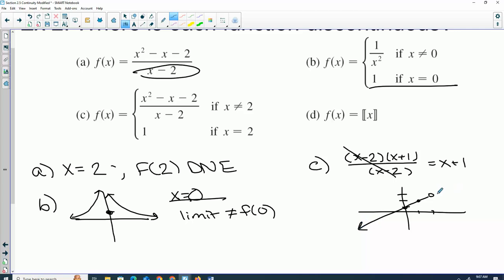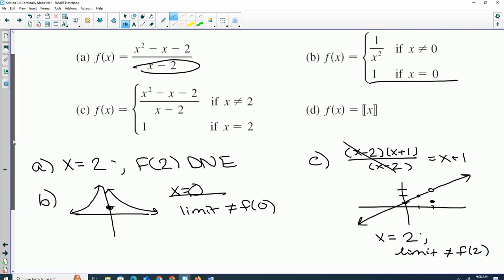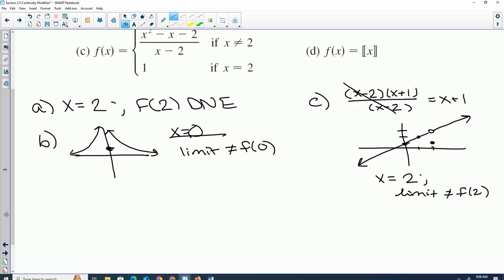So that top piece is just a line with the hole in it. 1 when x equals 2 is a separate point. So we can see it's not continuous when x is 2. Does my limit exist? Yeah. Does my function exist? Are they equal? So graphs can be helpful if you can't tell from the equation itself.